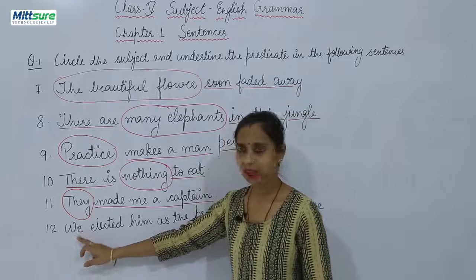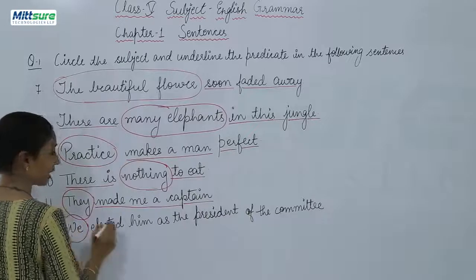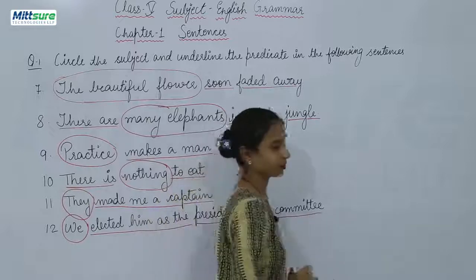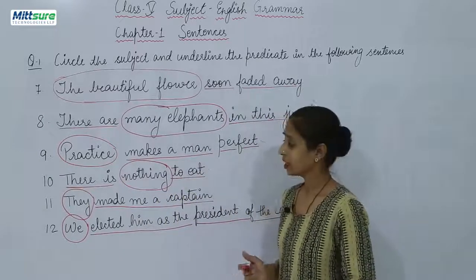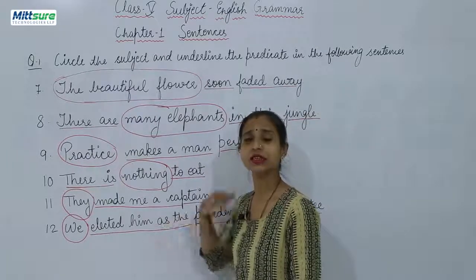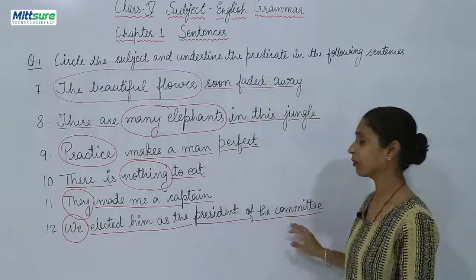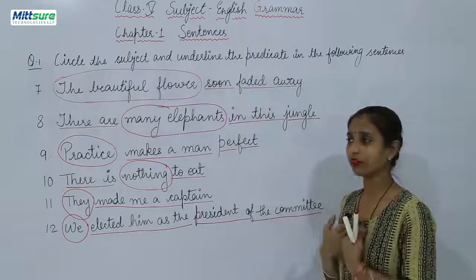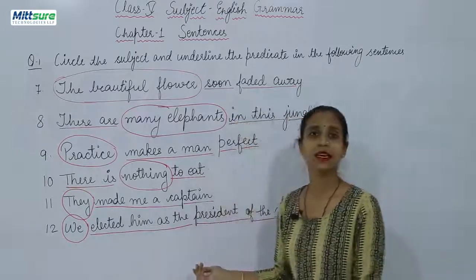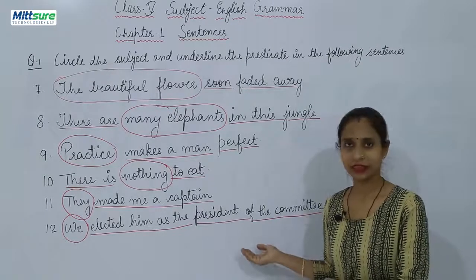We, right? So circle the subject we. Elected him as the president of the committee will be the predicate. Children, very easy to understand who is the doer of the action. We are not talking about the president, we are not talking about the committee, we are just talking about we. So we will be the subject and the rest of the sentence will be the predicate.